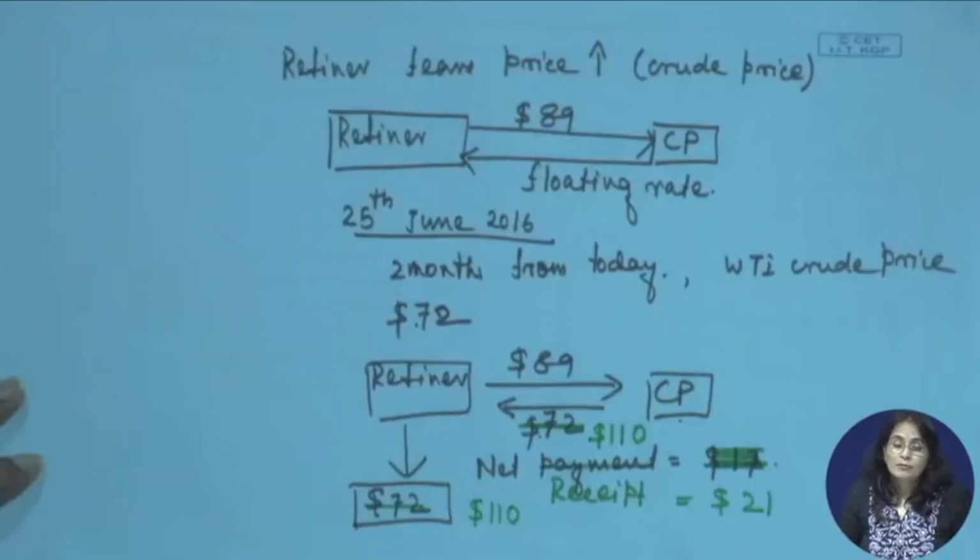So irrespective of what happens to the crude oil price during the coming 3 years, this party is going to pay, on average, $89 for its crude oil purchase.